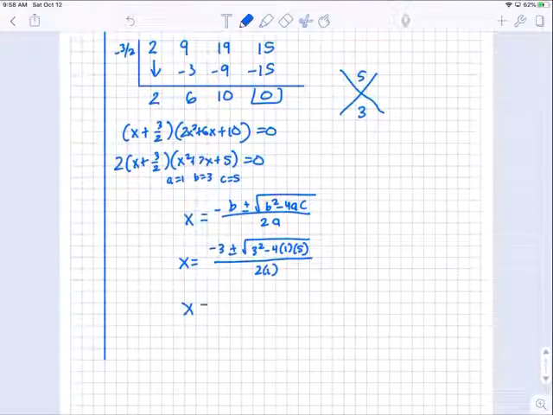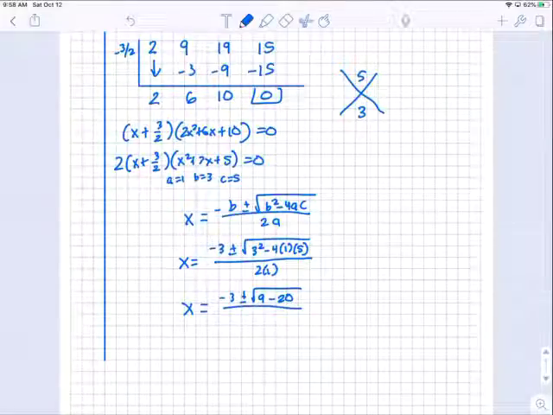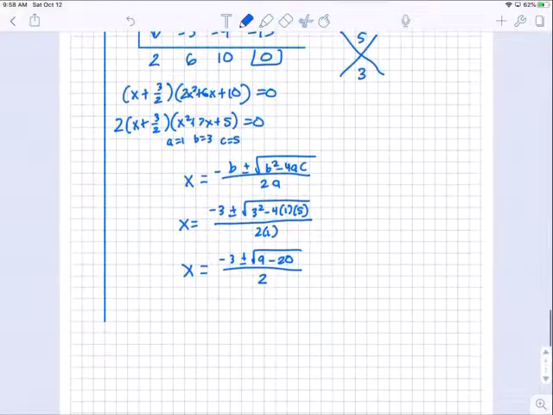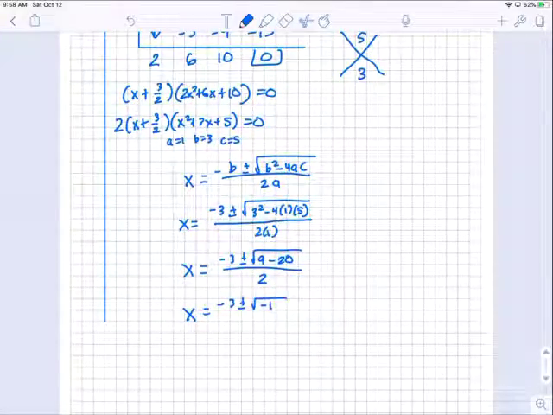And that's going to equal -3 plus or minus the square root of 9 minus 20, over 2. And look on the inside of that radical. We get x is equal to -3 plus or minus the square root of -11 over 2. You cannot have a square root of -11. That's imaginary.